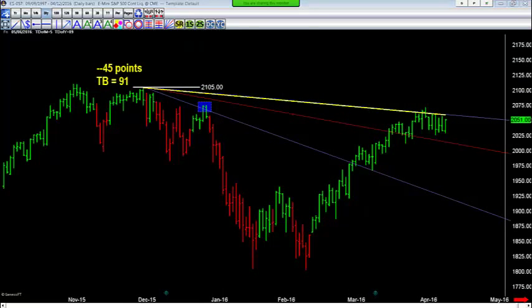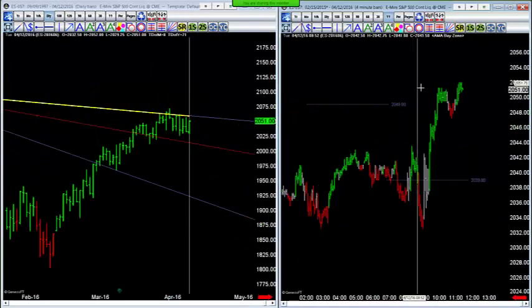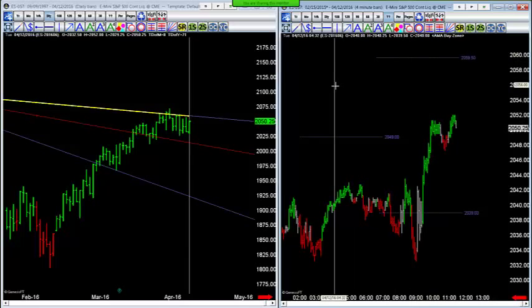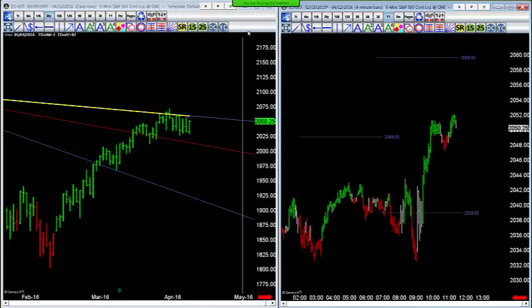So if I take 2105 and subtract the 45.5 points, I'm going to get a price of 20.59. So I'm going to come back to the 4-minute chart and I'll get 20.59 half up here. All right? That angle's on there.